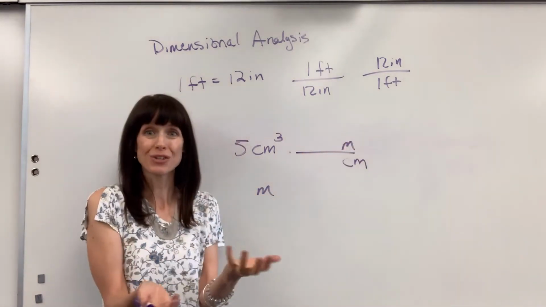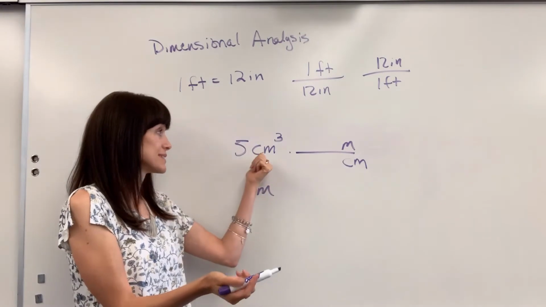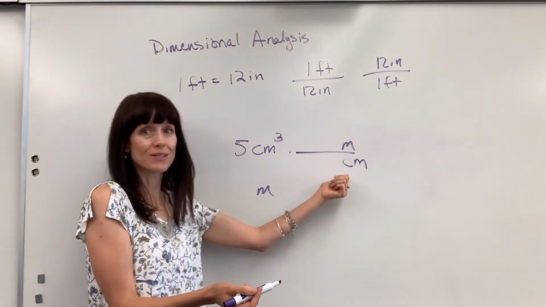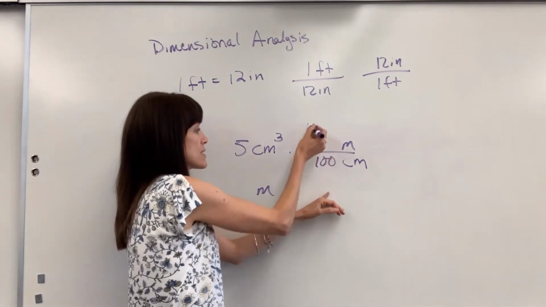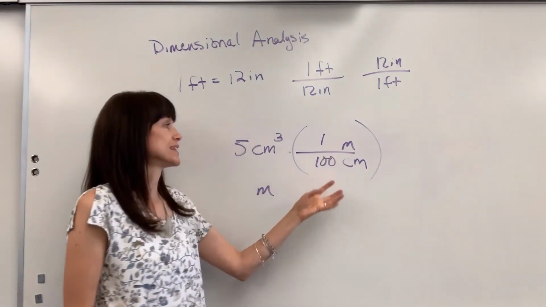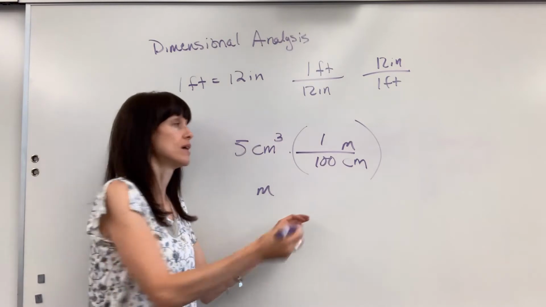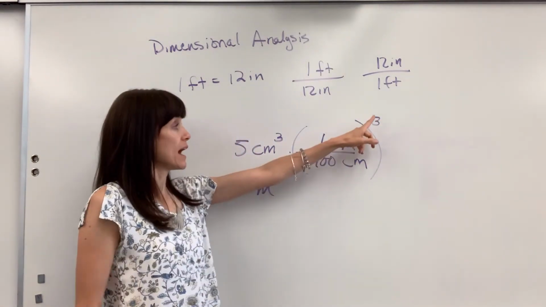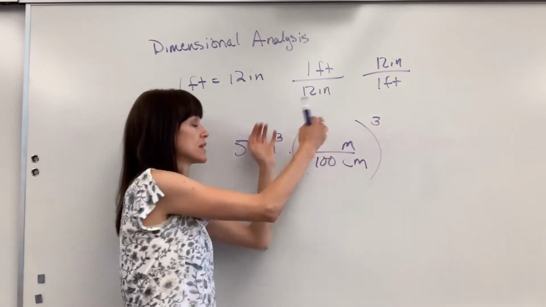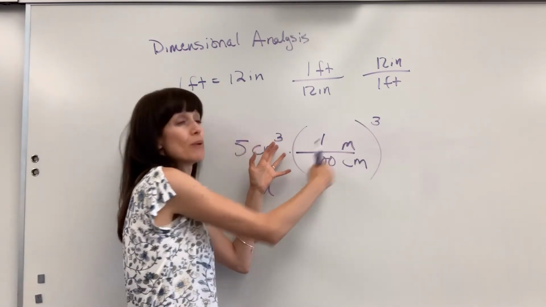But here's the issue. That's centimeters cubed. This is centimeters. Let's attach our numbers. 1 meter has 100 centimeters. Here's how we fix it. You have to take that entire ratio and cube it. Now that exponent outside the ratio is going to be distributed to everything.